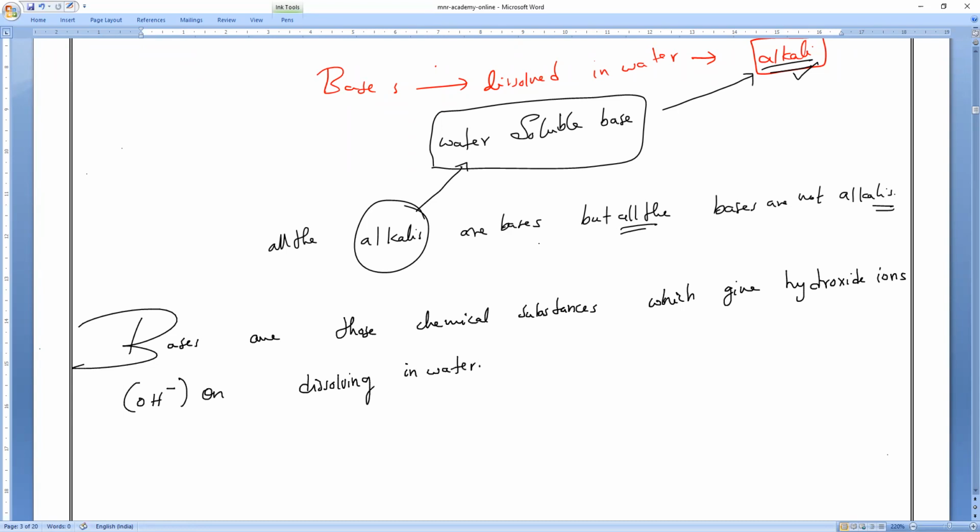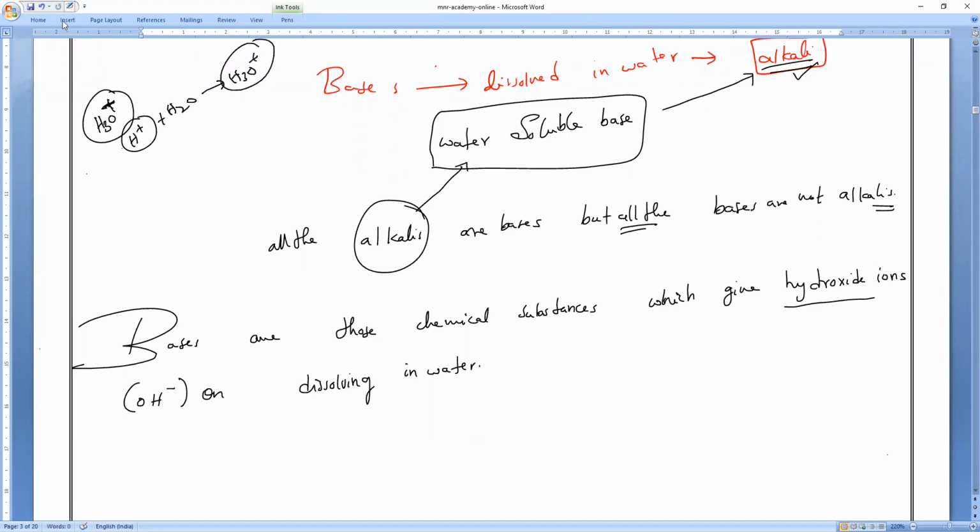Whatever substance forms OH minus ions, hydroxide ions, on dissolving in water. But acids will form what, guys? H plus ions or hydronium ions. What is the formula of hydronium ion? H3O plus, hydronium ions, or simply we can say H plus ions, whatever it is. H plus ions dissolve with water, and only then do they form hydronium ions.